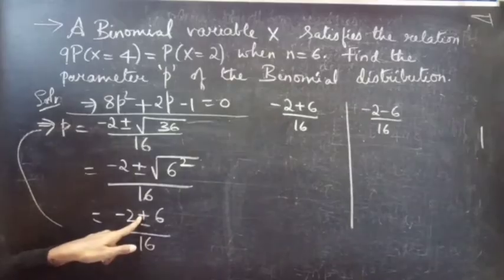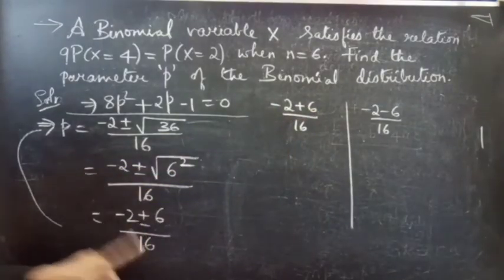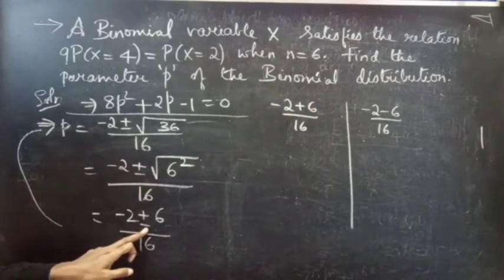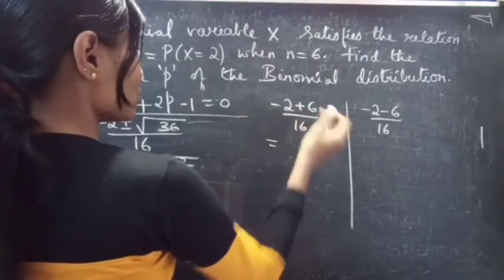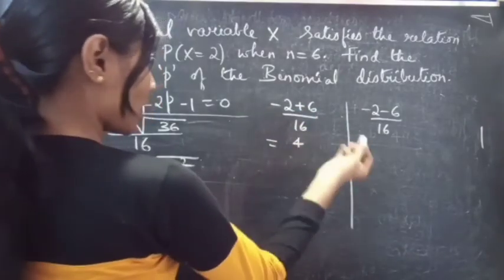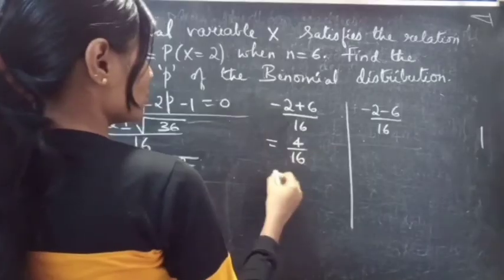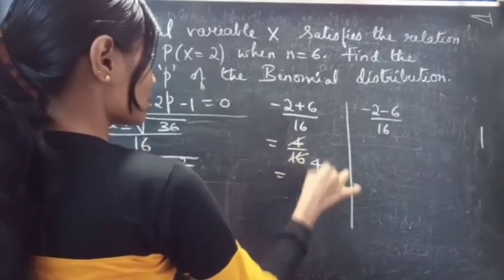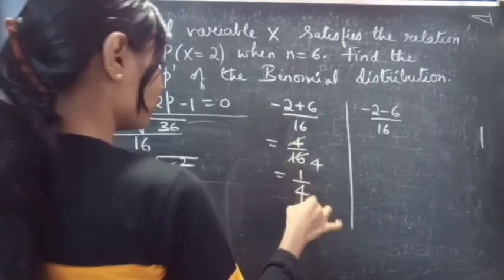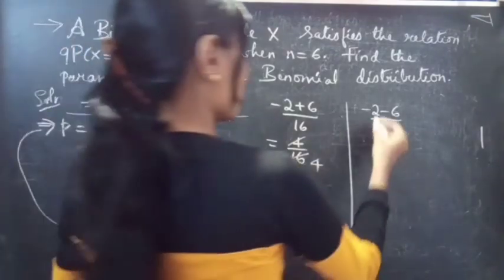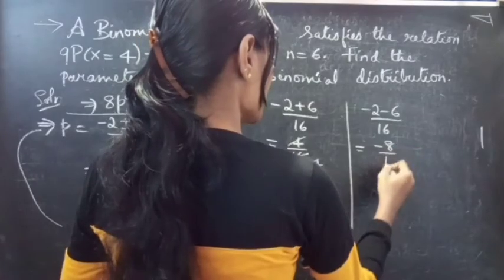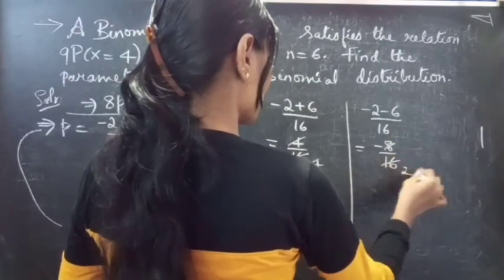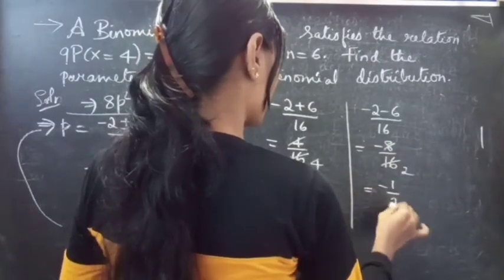If we consider plus, we'll get minus 2 plus 6 by 16. And secondly, we will consider minus. So we'll get minus 2 minus 6 by 16. So minus 2 plus 6 is 4, so 4 ones are 4, 4 fours are 16. So the answer is 1 by 4. Or this is equal to minus 8 by 16, which is equal to minus 1 by 2.